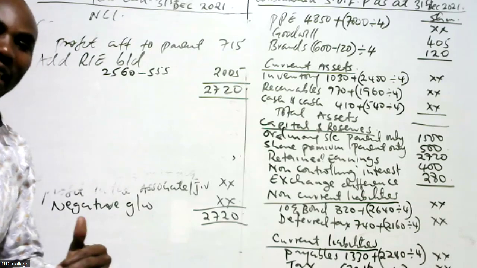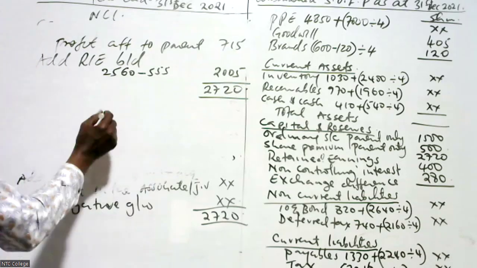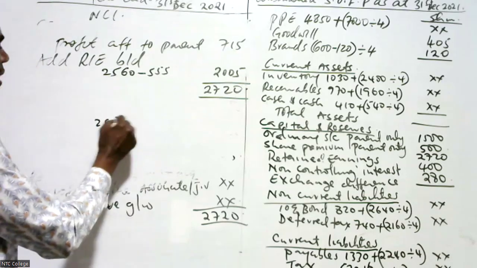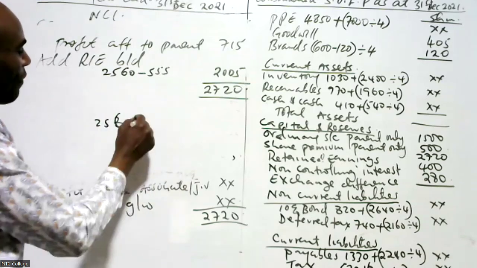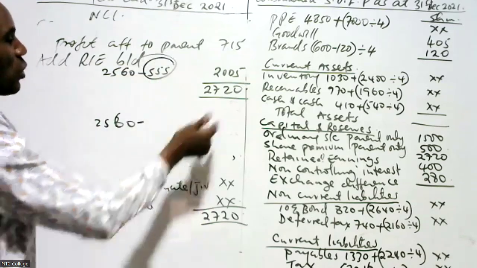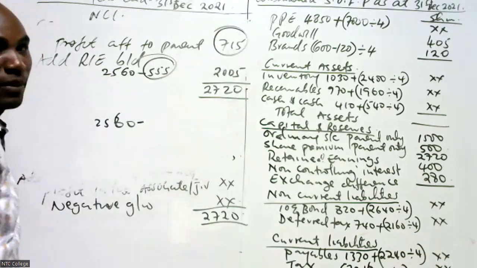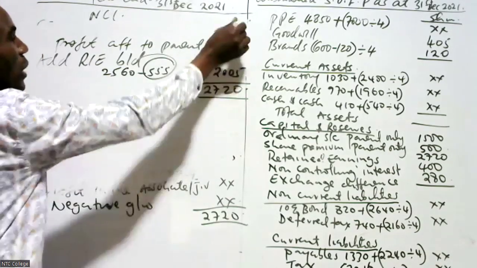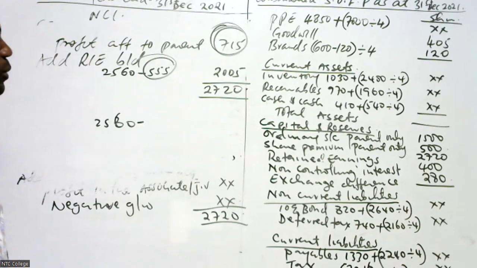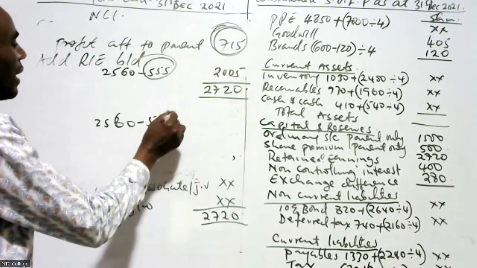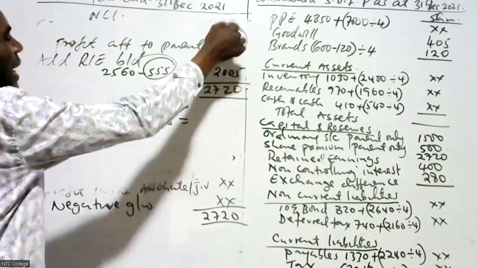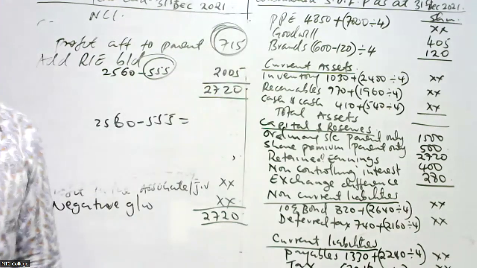Where am I getting retained earnings brought forward? Total profit in the balance sheet is 2560. But this one is total. Therefore, I subtract profit for the year because it's already consolidated there. It's already included there. Thereby, subtract 55. Then whatever I get, I add to that. Then I get the profit at the end.